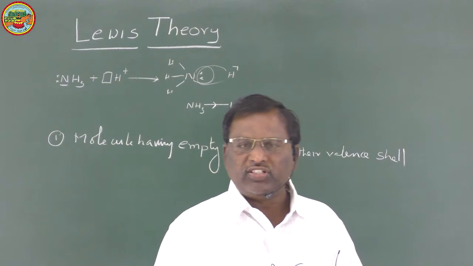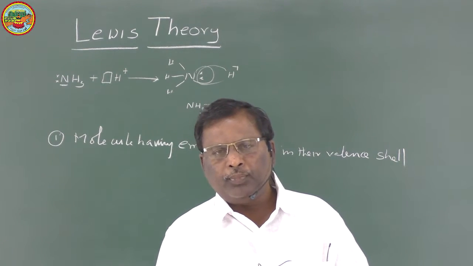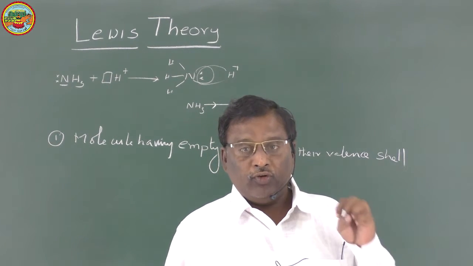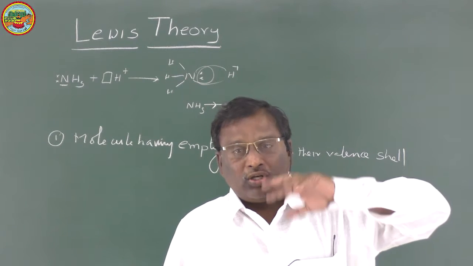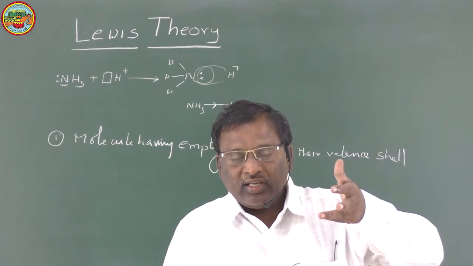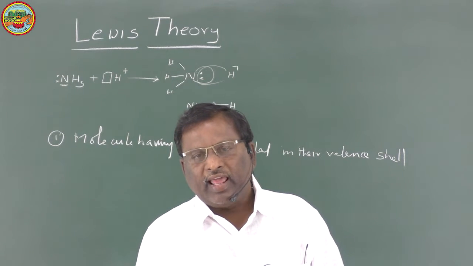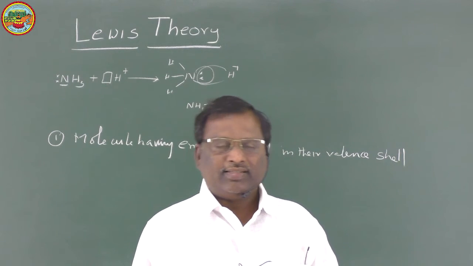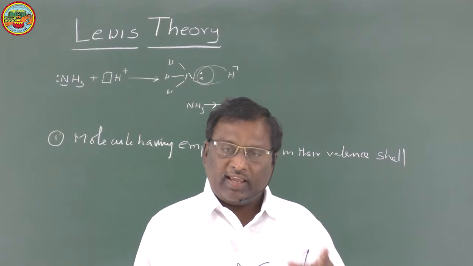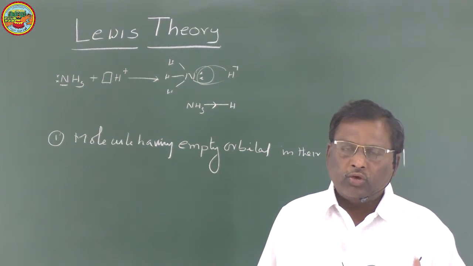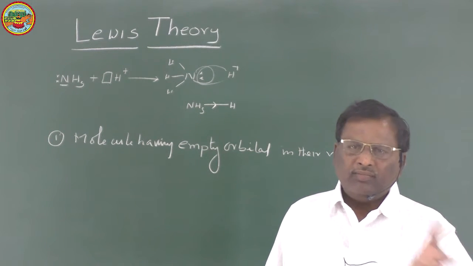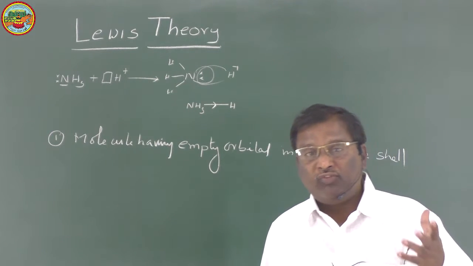What are electron deficient compounds? Electron deficient compounds are compounds which, without octet configuration, are still stable, and those substances can act as Lewis acids. We know that according to the octet rule, a molecule is stable when its central atom and surrounding atoms have octet configuration.